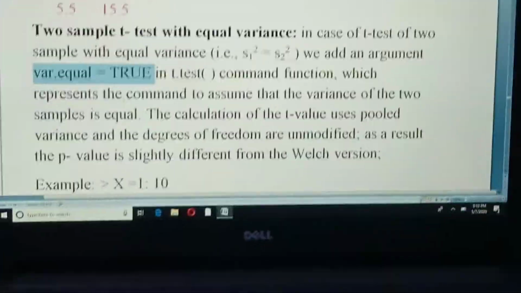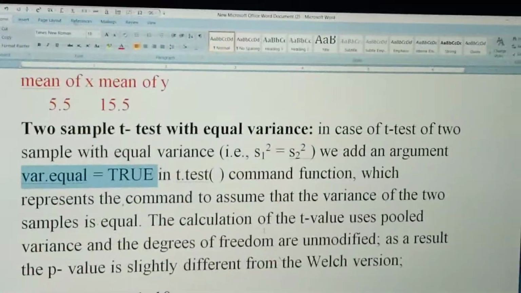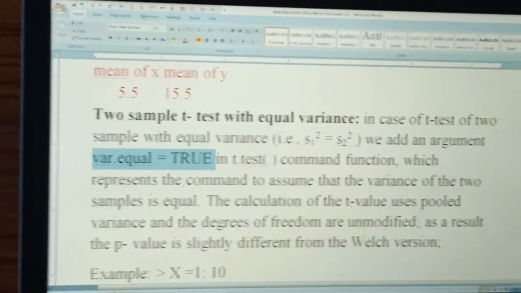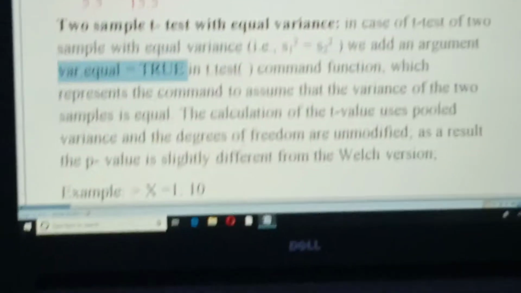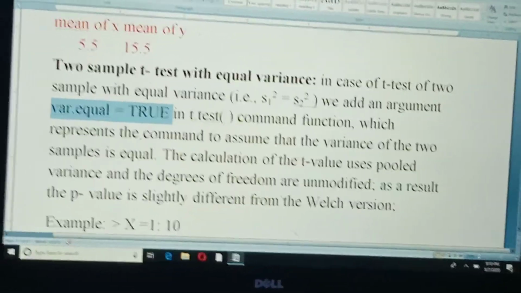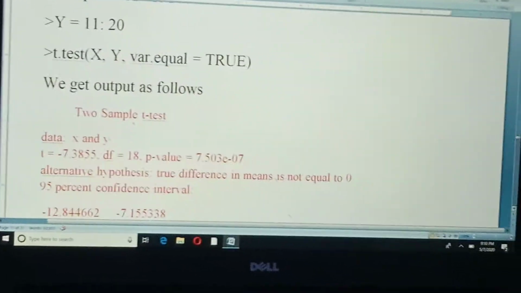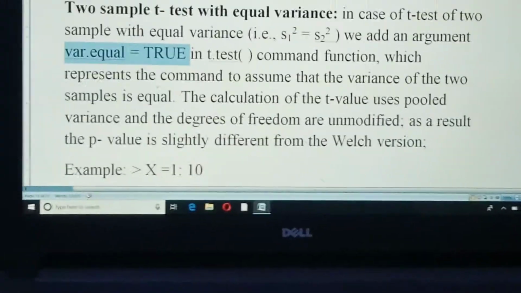This is an argument we provide in the t.test function, which tells the command to assume that the variances of the two samples are equal. Here the calculation of the t value uses the pooled variance, and the degrees of freedom are unmodified, and as a result the p values are slightly different from the Welch version. You can observe the same by taking a simple example.